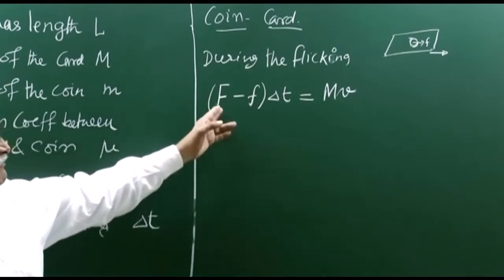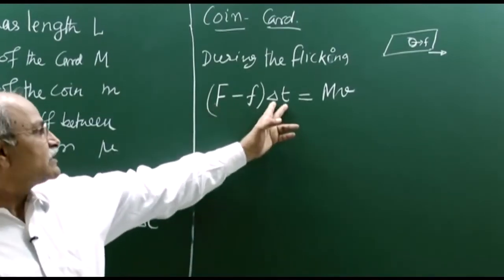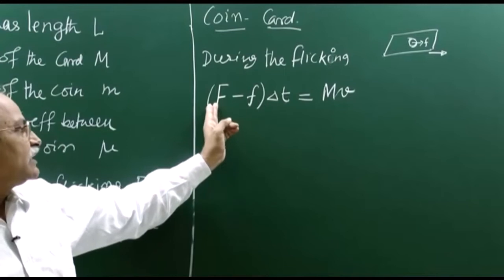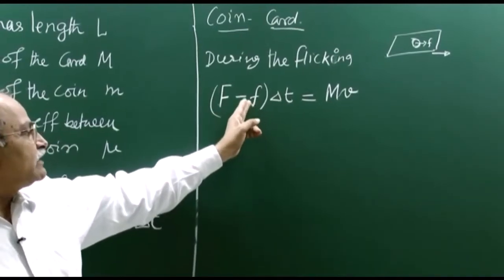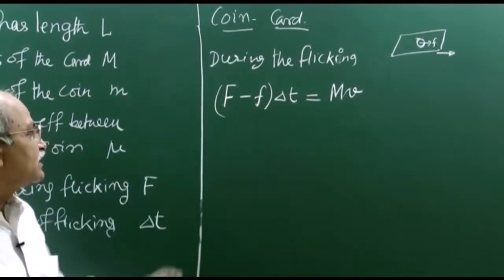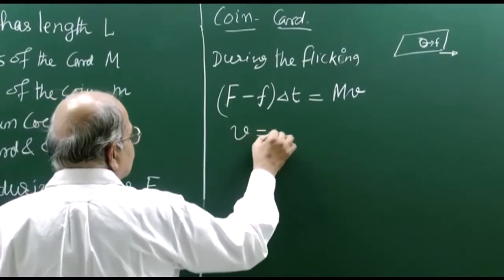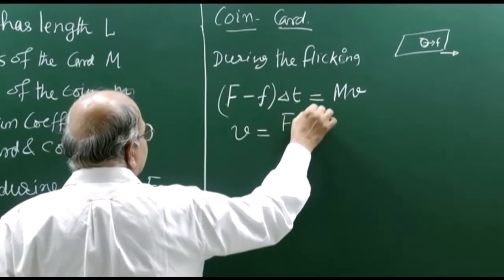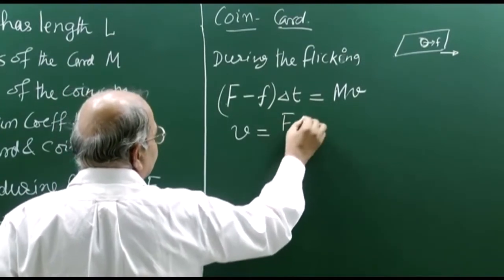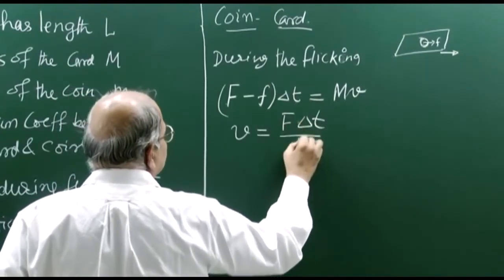Since F is large and delta t is small, you can neglect the friction f in the presence of F, and then you have the velocity v equal to F delta t divided by M.